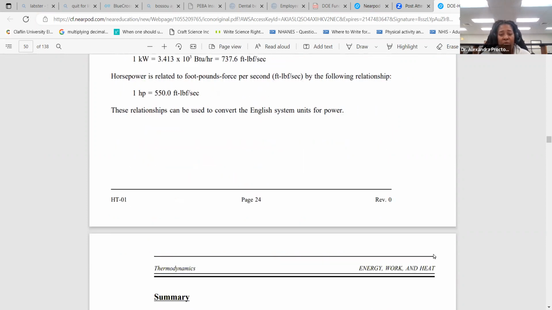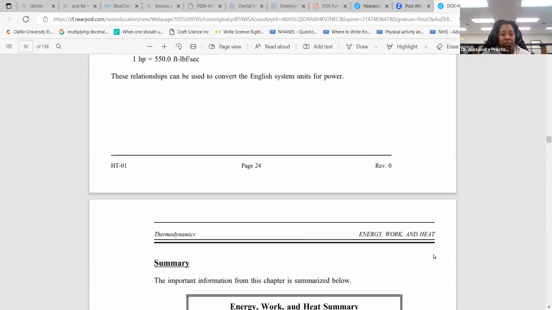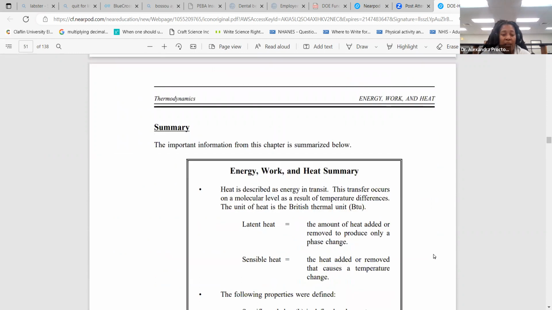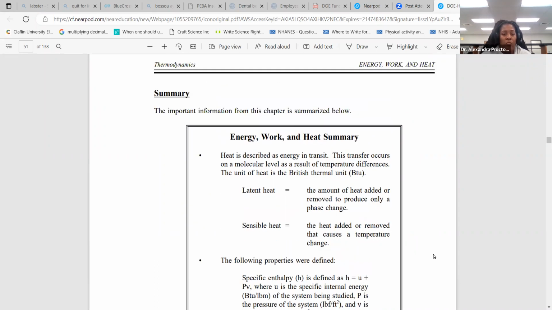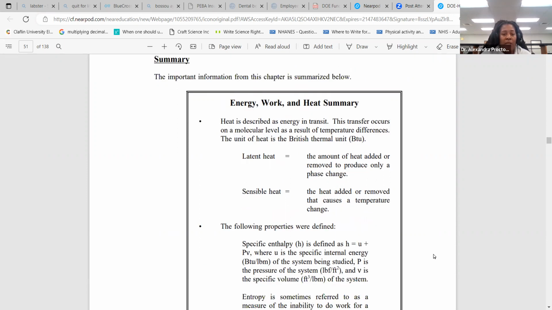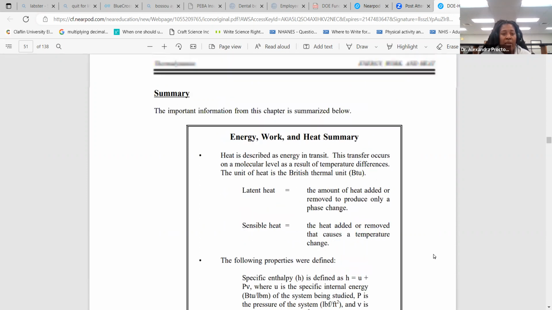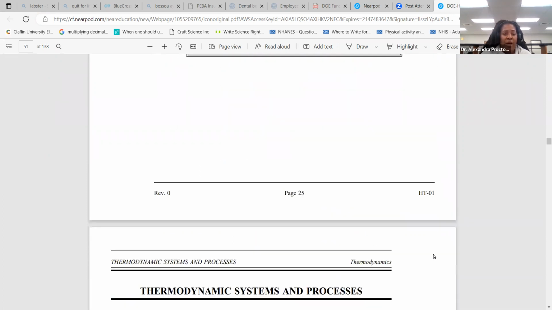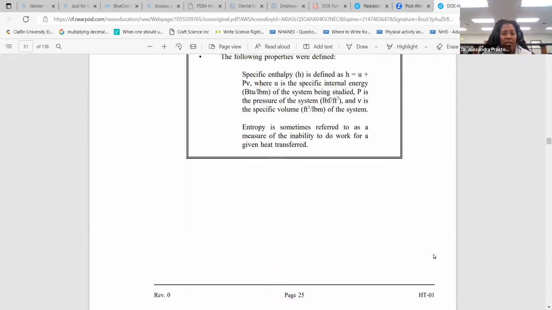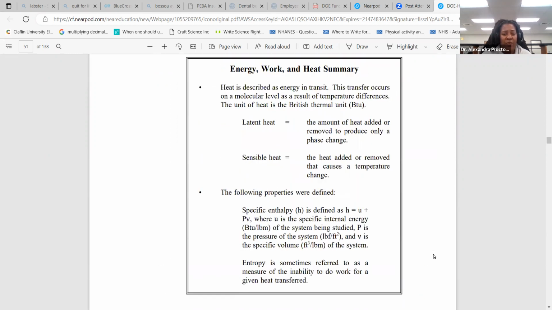Okay, and this helps you convert between the two systems, the English system and the CGS and MKS systems. So here's another summary. I'll give you guys an opportunity to put any conversion factors and equations here.